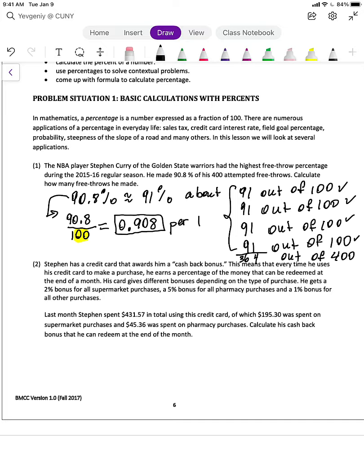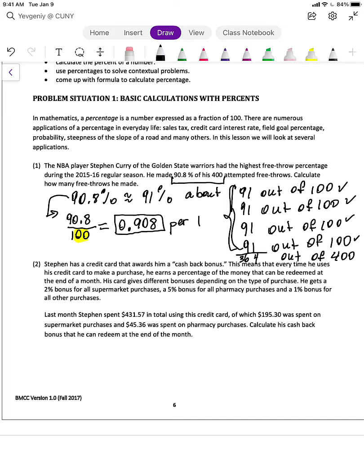So it is a fraction. It's like a standardized unit. But since he made 400 of such attempts, you're just repeating the same decimal 400 times. So just like here, adding the same number 4 times is equivalent to multiplication. If you want to find a percent of a number, which you're going to see very often in this class, you perform an operation of multiplication to describe that repeated operation.